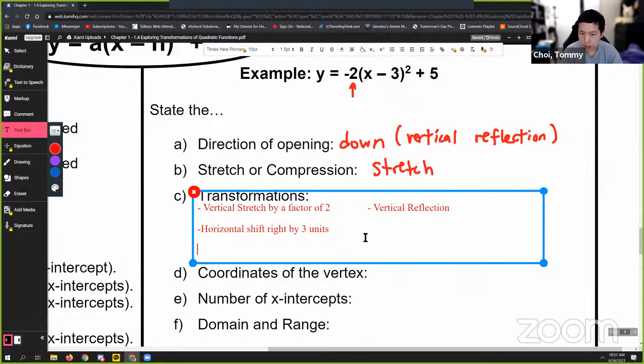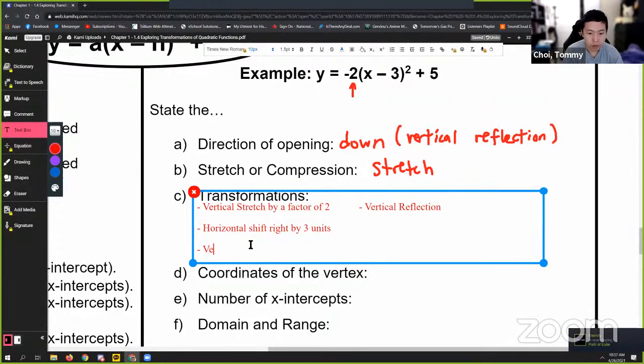So vertical stretch by a factor of 2, vertical reflection, horizontal shift right by 3 units, and the last one, vertical shift. Why is it in red all of a sudden? What has happened? Vertical shift, not by a factor, vertical shift up by 5 units.